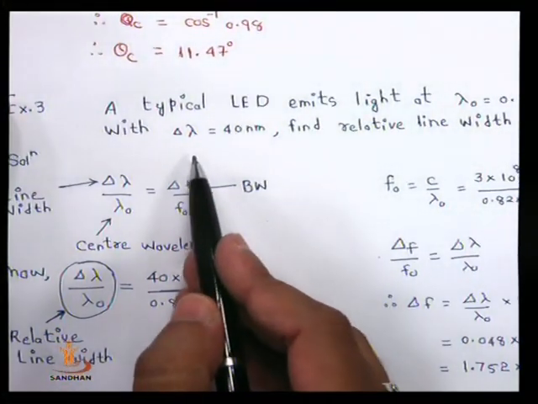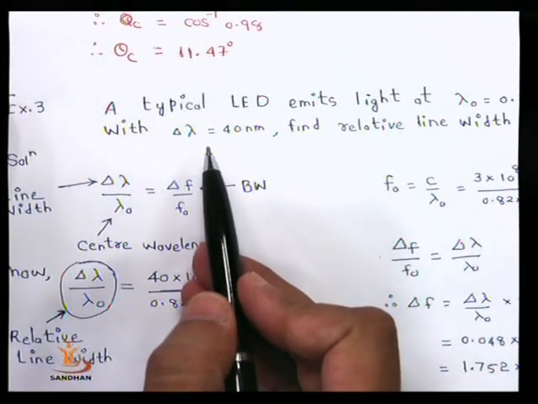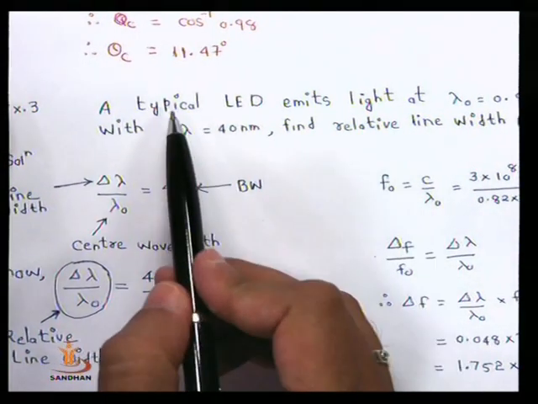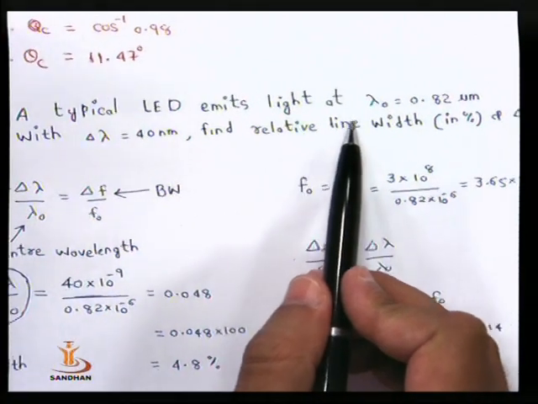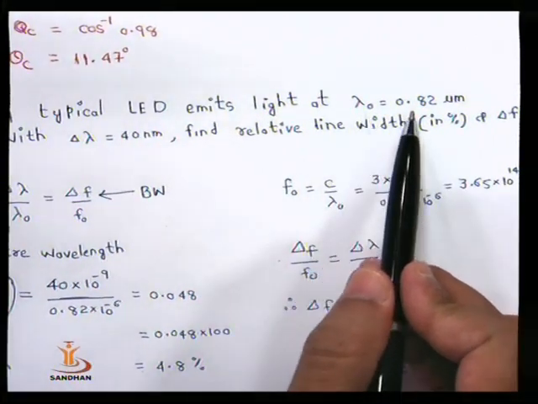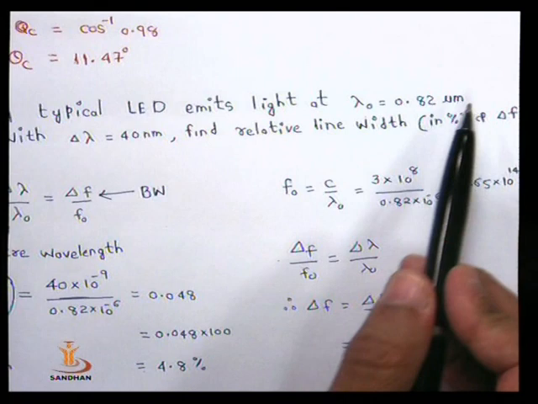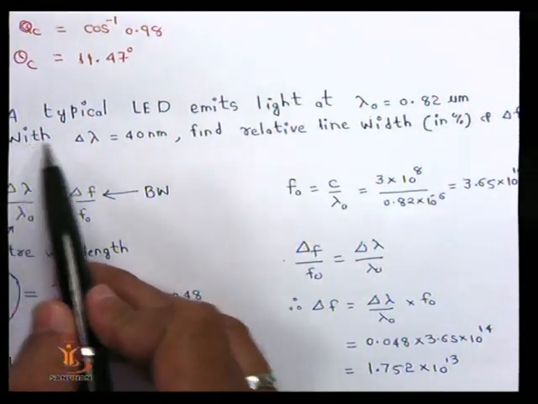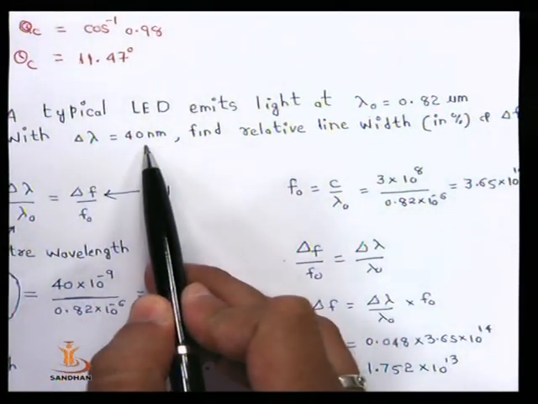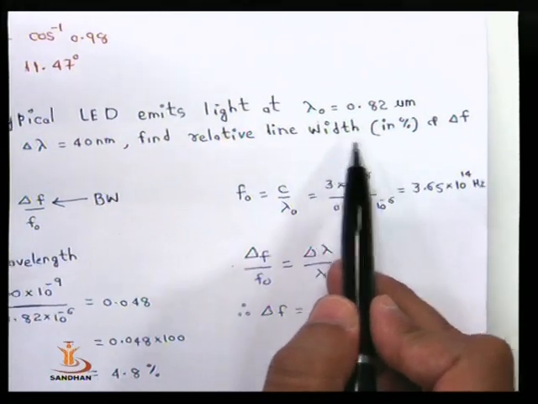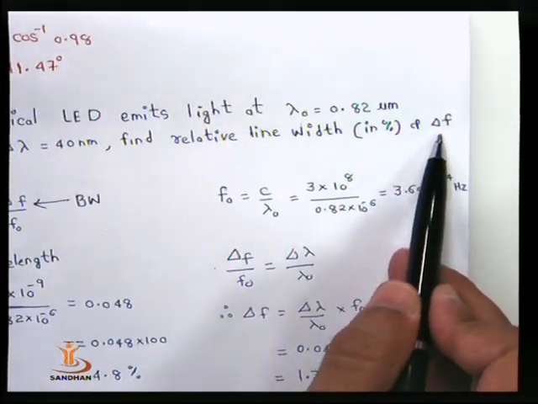Here is the numerical based on the line width. A typical LED emits light at lambda 0 equal to 0.82 micrometer with del lambda equal to 40 nanometer. Find relative line width in percent and del f.